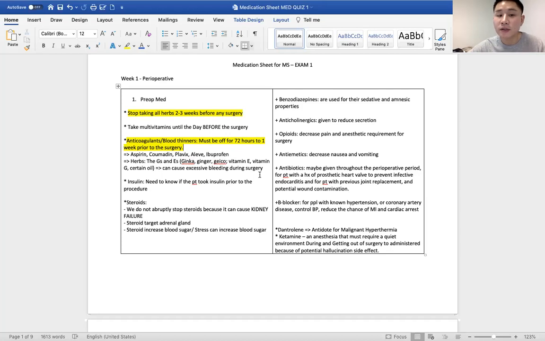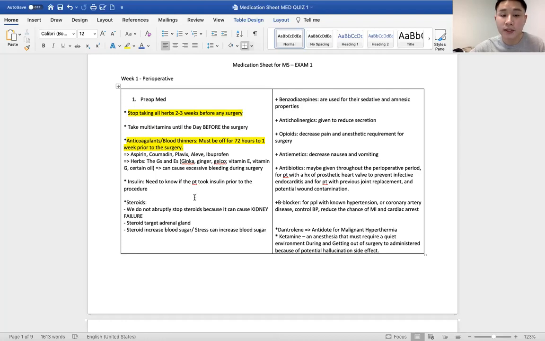So if there's a question about the G's and the E's and the patient just recently took the G's and the E's herbs or took any NSAIDs or blood thinner within the time frame, like 2 hours or 1 day before the surgery, you guys have to notify the surgeon in order to withhold the surgery so that they are not at risk for bleeding when we do the surgery.